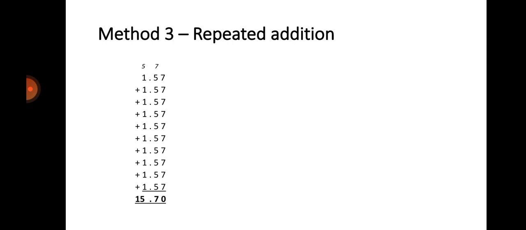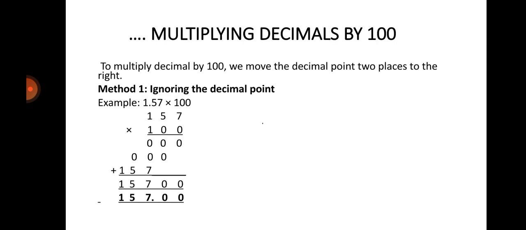Write down the 7, take 5 across the decimal point. Add all the 1s, which gives you 10 plus 5, 15. You can use repeated addition, you can ignore the decimal point, or you can use the direct multiplication method, as the case may be. So let's multiply decimals by 100.